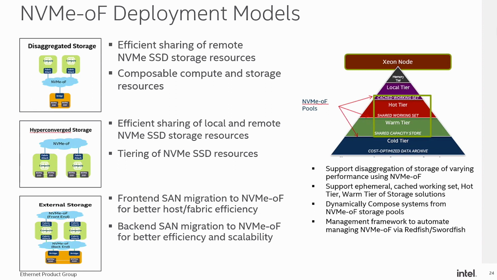Another model you'll see is what they call hyperconverged. Here you have the local attached SSDs, but also an efficient way to go to another compute node's local attach and get at it remotely. So it's a hybrid between the direct attached and the disaggregated. And the last one is really a migration.